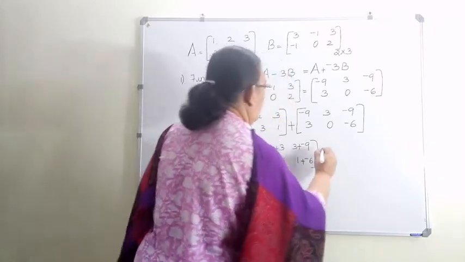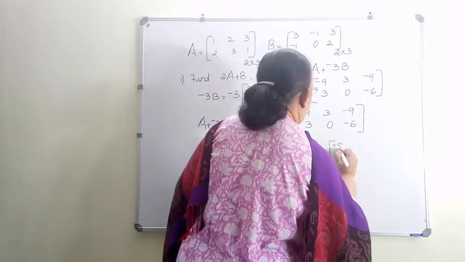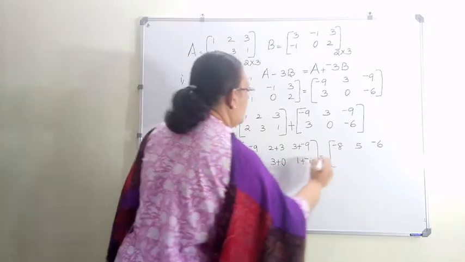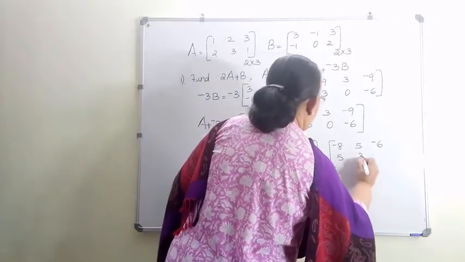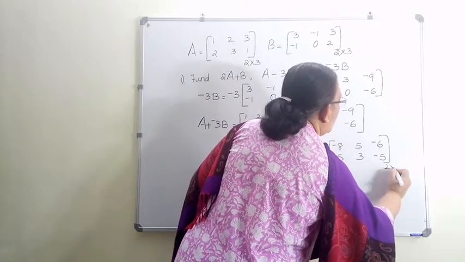What is 1 plus minus 9? Minus 8, 5, minus 6, 5, 3, minus 5, and its order is also 2 by 3.